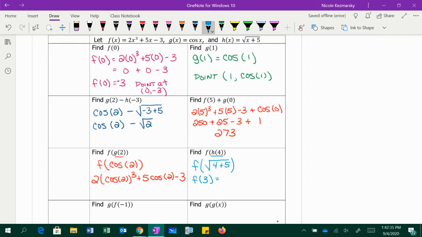And f of 3, I'm going to do 2 times 3 cubed plus 5 times 3 minus 3. Let's see if we can piece this out. So 3 cubed is 27 times 2 is 54 plus 15 minus 3. So 54 plus 15 is 69 minus 3 is 66.